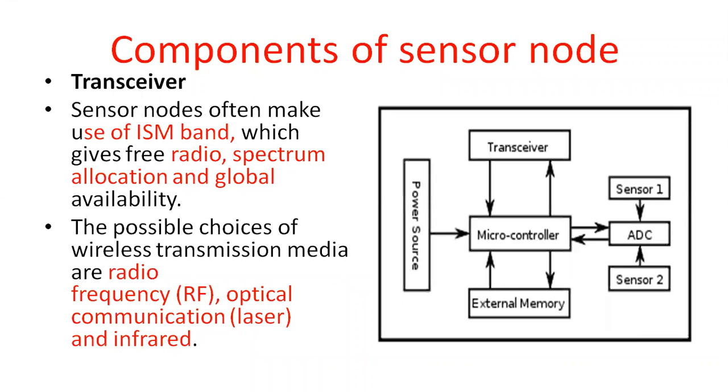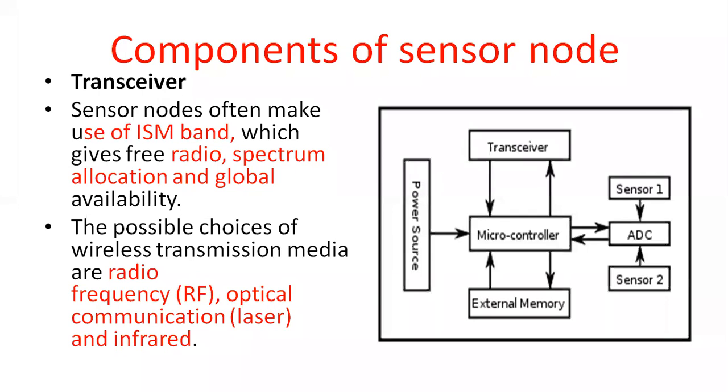Coming to the second important component, the transceiver. It is one component in a sensor node. A sensor node makes use of the ISM band, which gives free radio spectrum allocation and global availability.